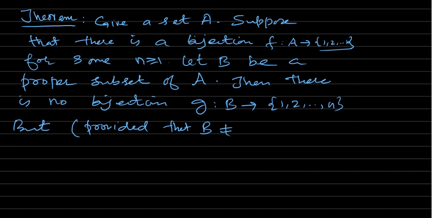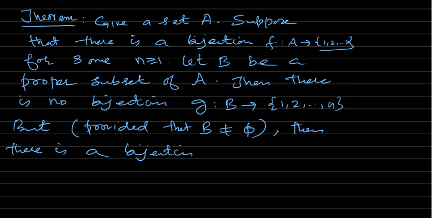Because B is a proper subset of A, you can take B as the empty set also, but this is true only for a non-empty set. If B is a proper subset of A but non-empty, then there is a bijection.